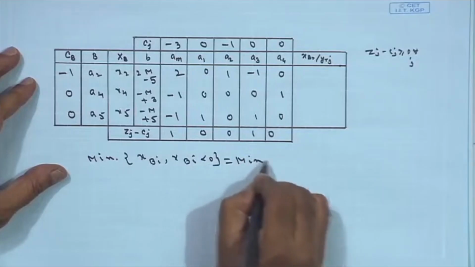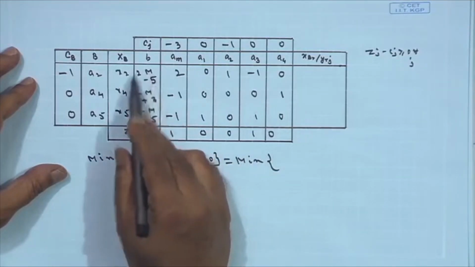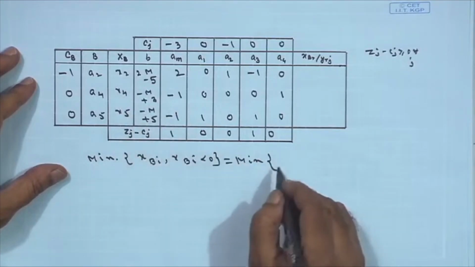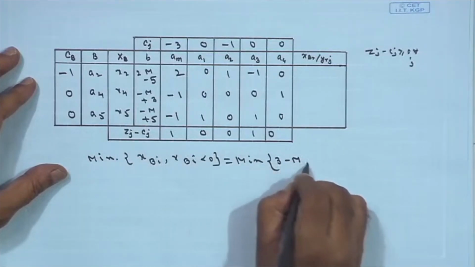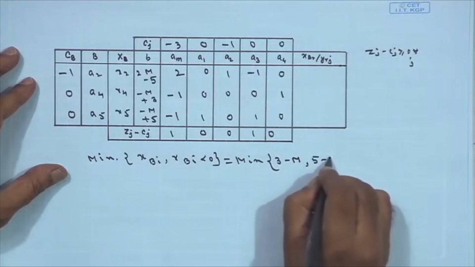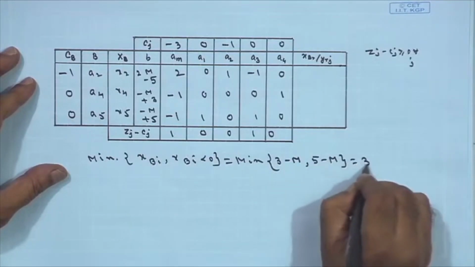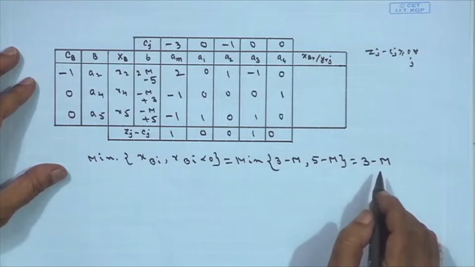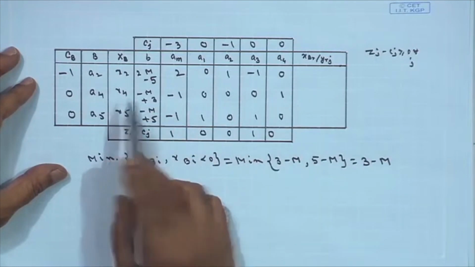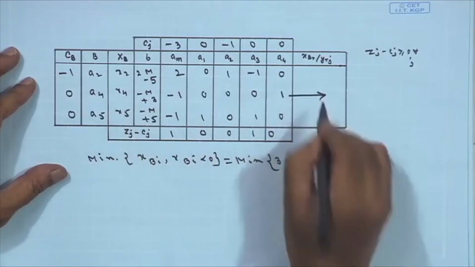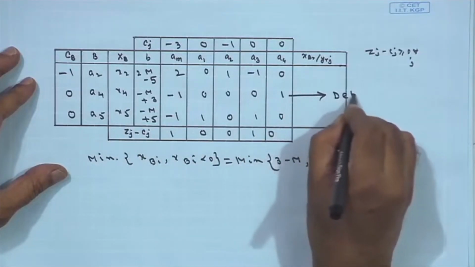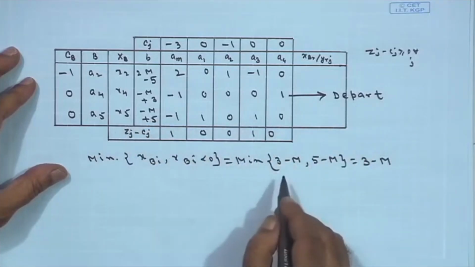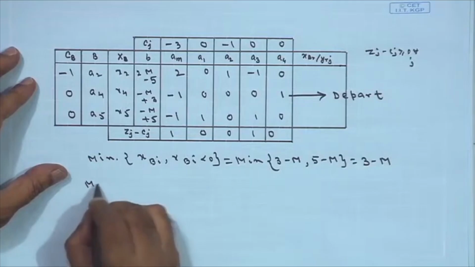This 2M minus 5 will be positive because M is very large. So, you have only 2 things: 3 minus M and 5 minus M. So, the minimum is 3 minus M, and 3 minus M occurs with respect to x4. So, your x4 will depart.